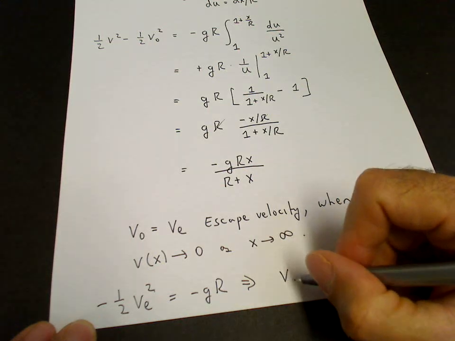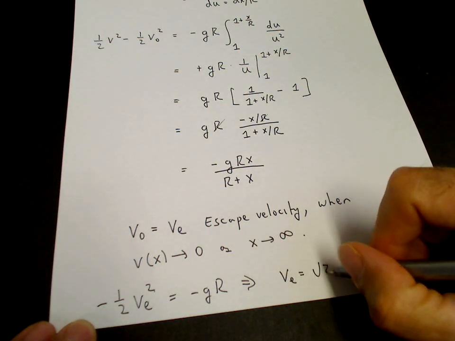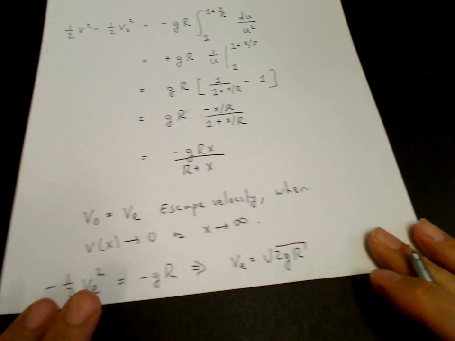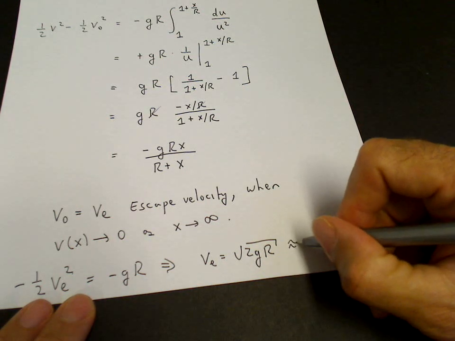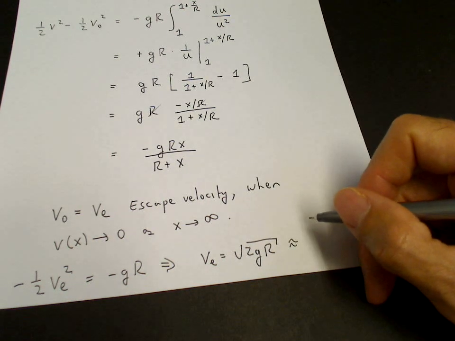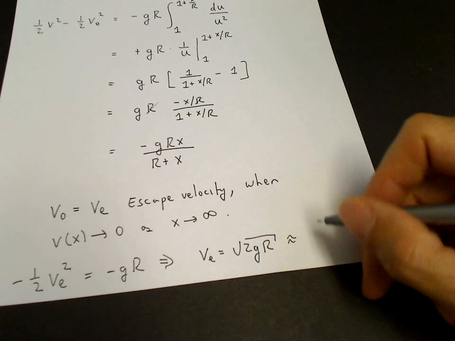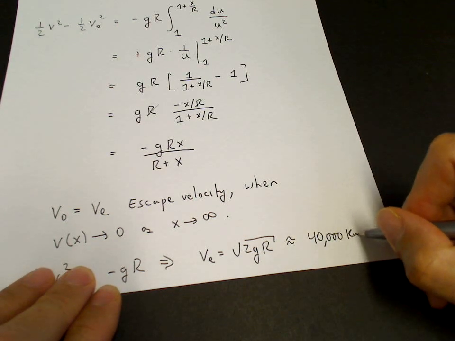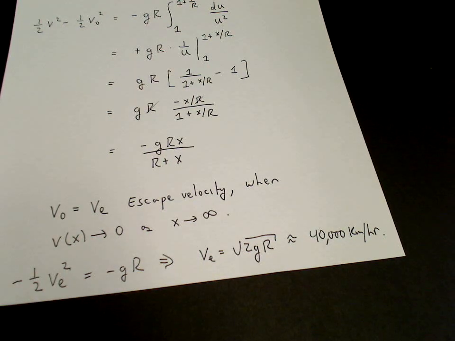So the formula for the escape velocity is the square root of 2gr, and that's the result. And if you put in the radius of the Earth, you get 40,000 kilometers per hour, a significant velocity.